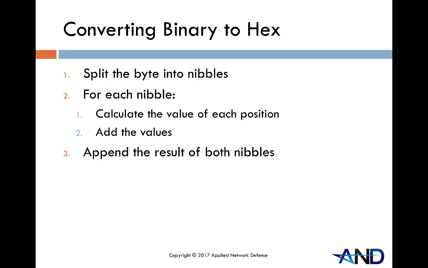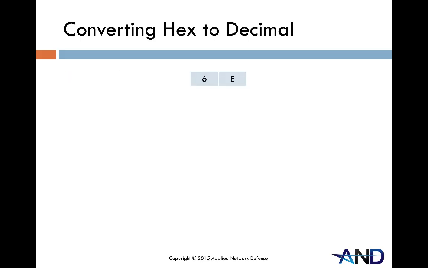At that point, we're left with two values, and we're not adding those together, we're just appending them together. So we append whatever we get for the higher order nibble with the lower order nibble, and that's how we get the hex representation of bytes that you'll see in several tools like Wireshark in the packet details view, or tcpdump or Tshark.